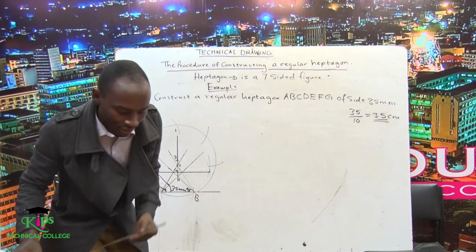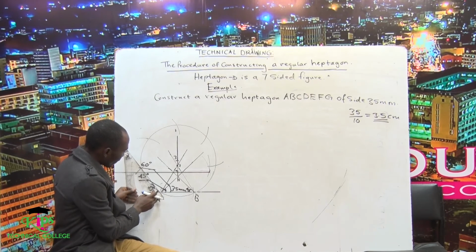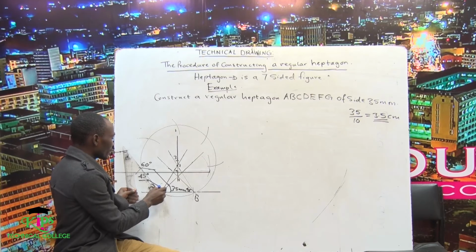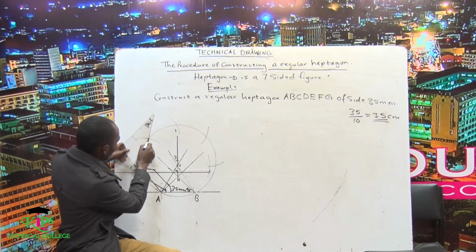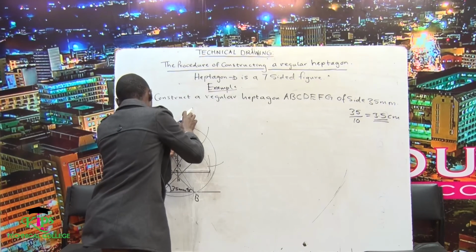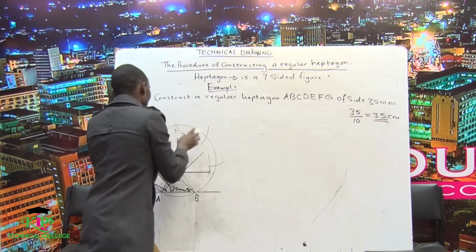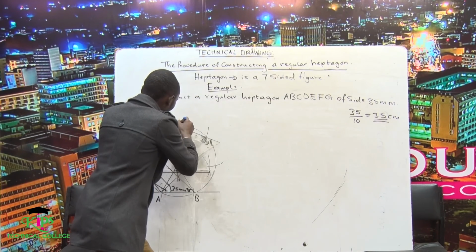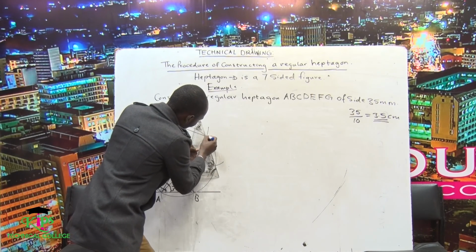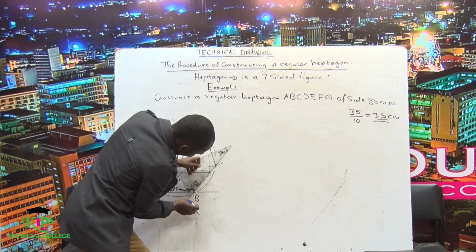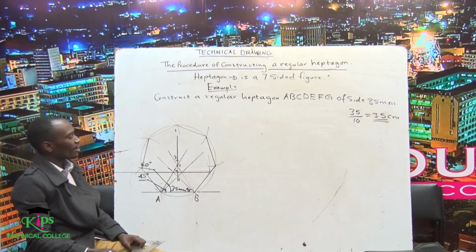From there, you will join those points. Let me join these points. So now those are my points.